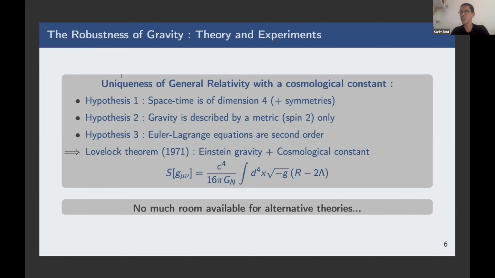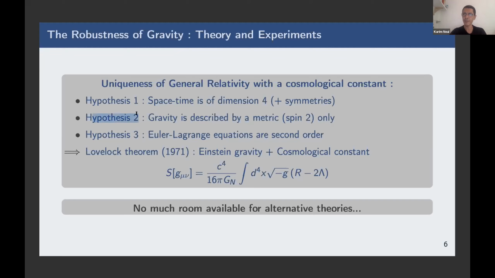More precisely, general relativity with a cosmological constant is a unique theory, and going beyond is quite difficult in some sense. Let me remind you why. Because if we assume, as the first hypothesis, that space-time is of dimension 4, and if it comes with the symmetries which are essentially diffeomorphisms, so the physics should be invariant under change of coordinates.